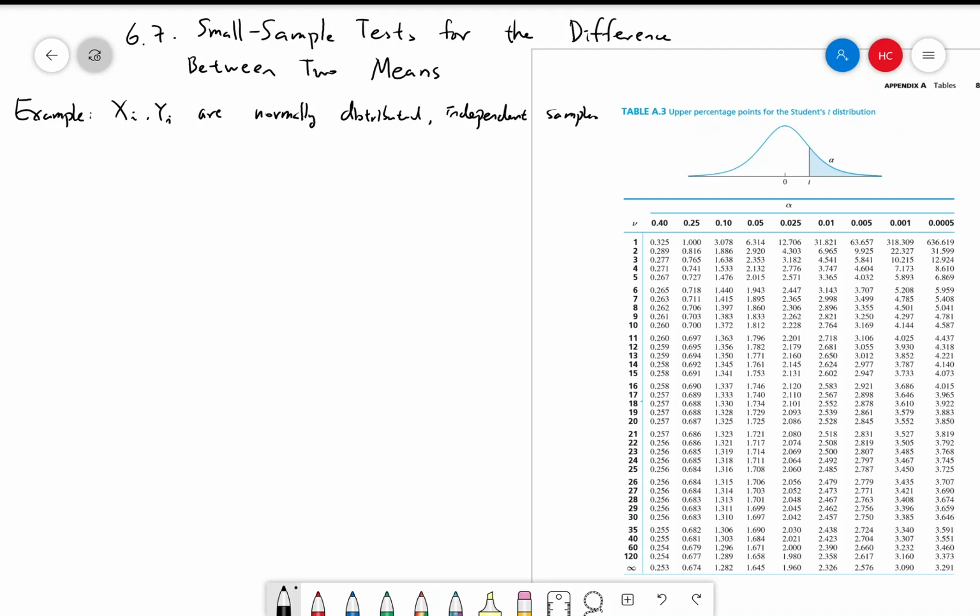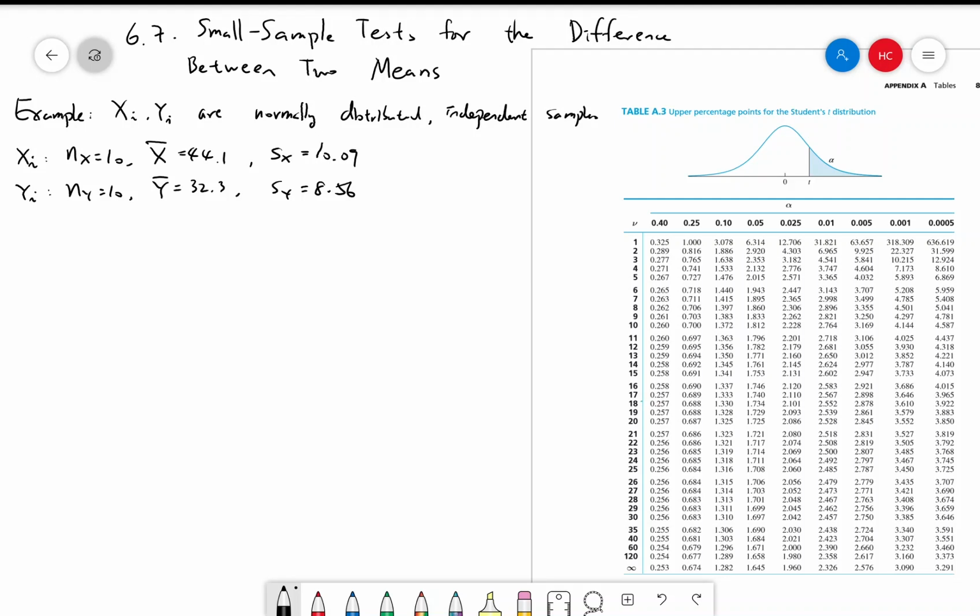Okay, so let's say for x, the sample size is 10, the sample mean is 44.1, and the sample standard deviation is 10.09. For y, the sample size is 10, sample mean is 32.3, and the sample standard deviation is 8.56.